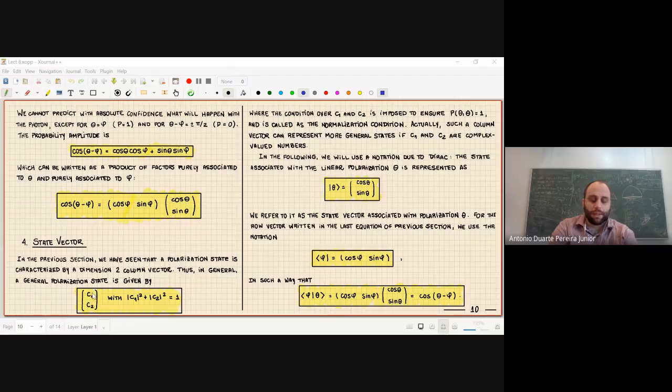This is exactly what you need in order to learn about quantum information or quantum computing. In quantum information and quantum computing, you're going to deal with this type of state vectors that have two entries. This is also sometimes called a qubit, a quantum bit of information. But you're going to become more familiar with that.